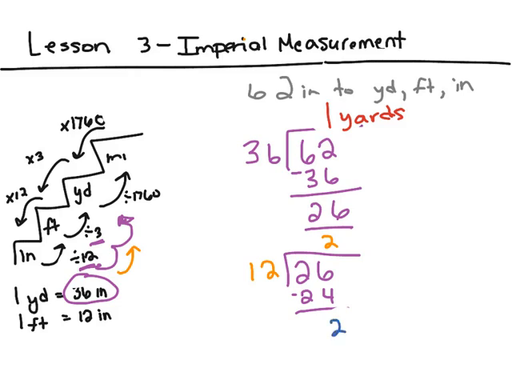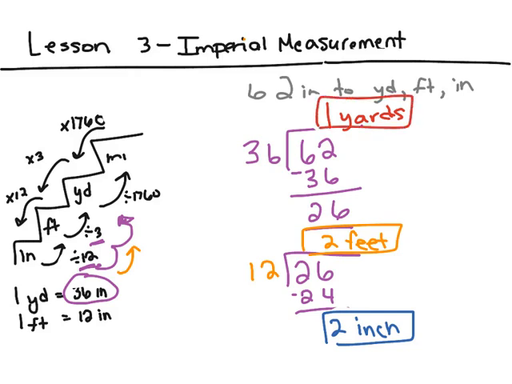So this 2 right here is how many feet we have. And because there's 2 left over at the end, and we can't make that any smaller, those are our inches. So if we were to break this down, 62 inches to yards and feet and inches, it would be 1 yard, 2 feet, 2 inches.